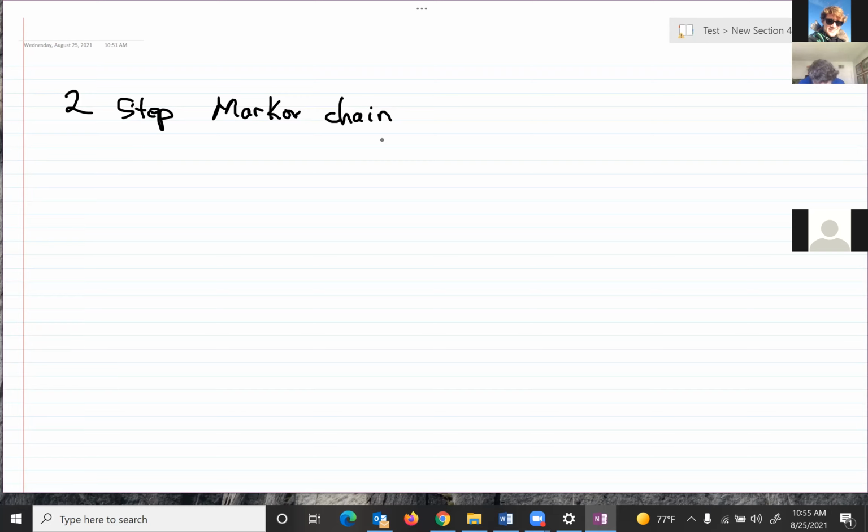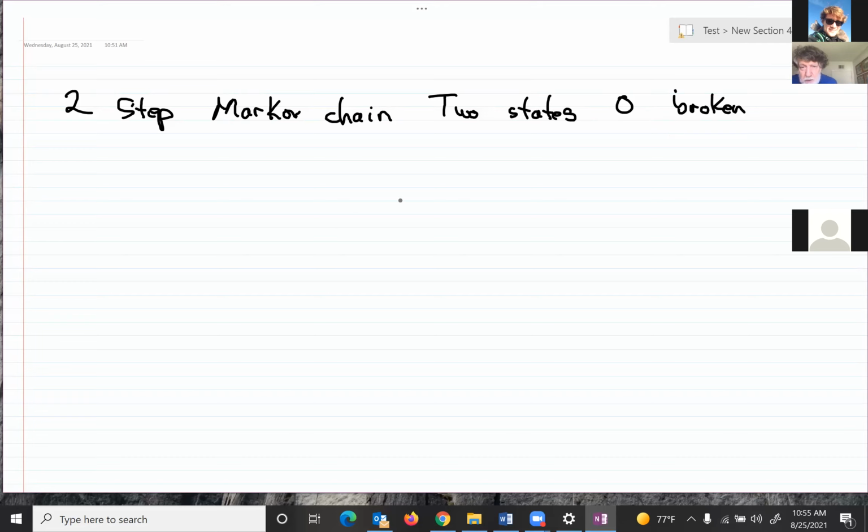So how are we going to label this? We're going to consider there being two states. So let me put that down. There are two states. And we'll denote the state 0 as being broken. That means the machine is not working.